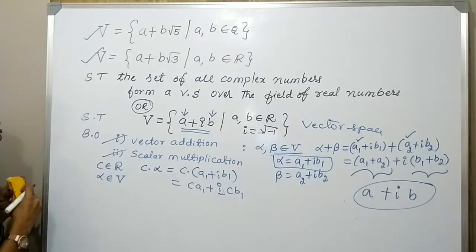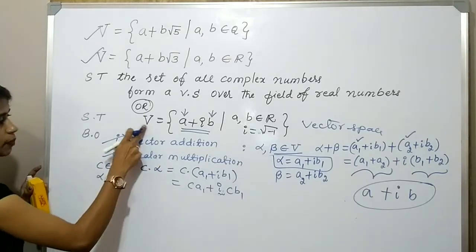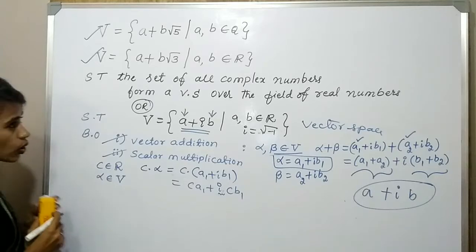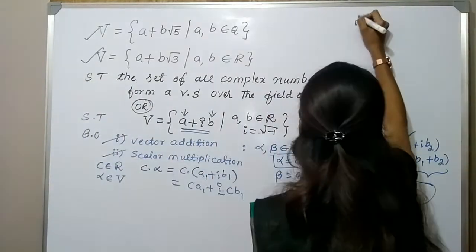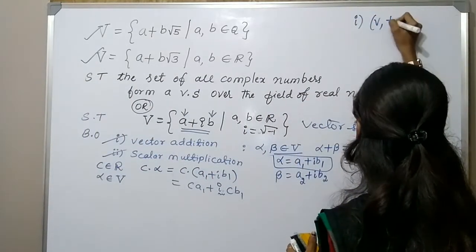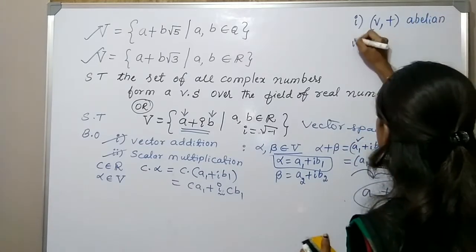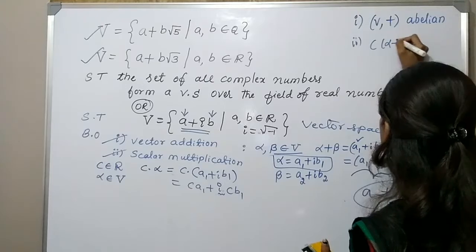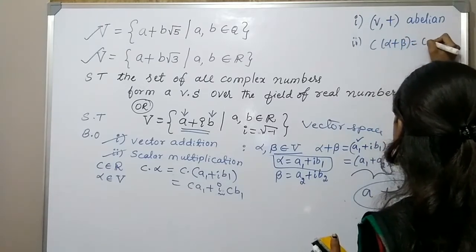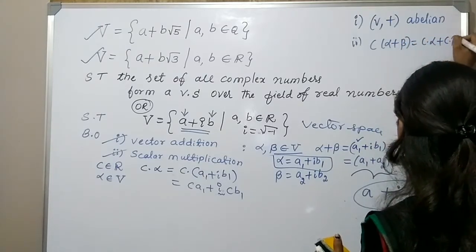Now we have to show that with respect to these operations, this set becomes a vector space. What are those conditions? The first condition is that V comma plus must be abelian. Second condition is c into alpha plus beta is equal to c dot alpha plus c dot beta.